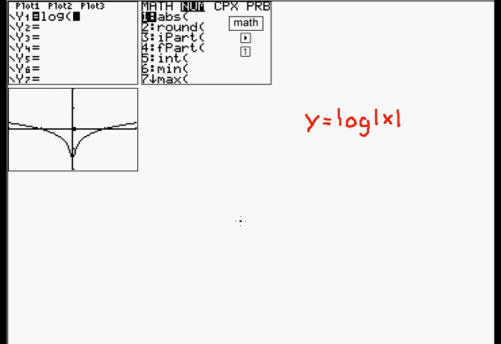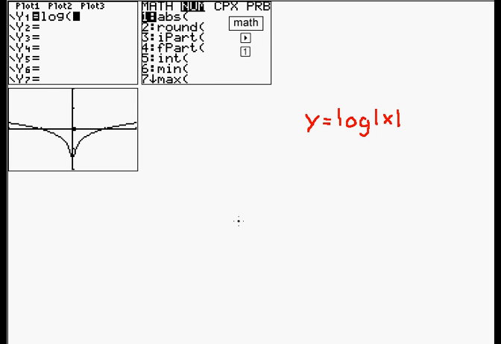Let's have some practice graphing logarithmic functions on a graphing calculator, and let's graph this function, y equals log of the absolute value of x. Your graphing calculator can graph base 10 and base e, or natural log, functions. So if you want to graph log absolute value of x, that's base 10 log, go to Y1 equals and then hit log.